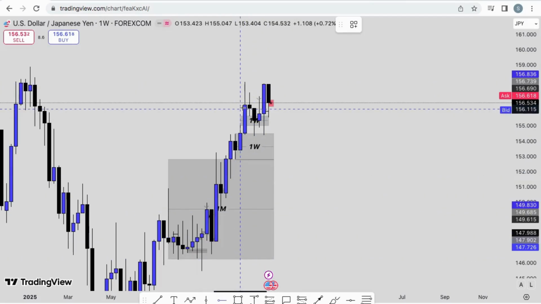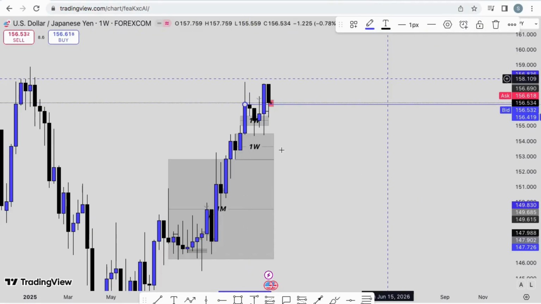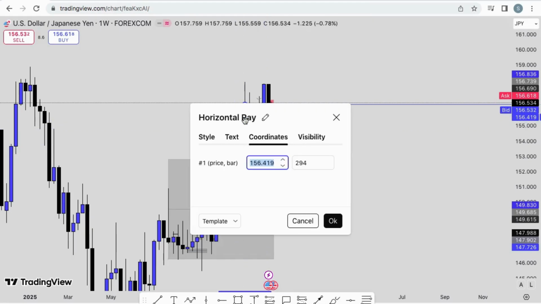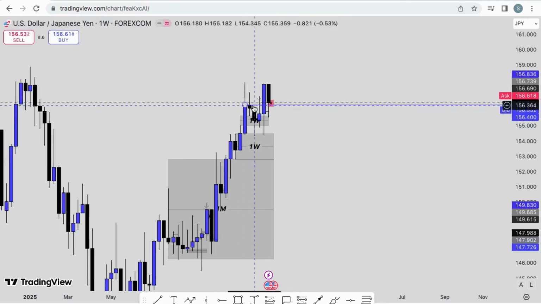Let's put a line there. 156,400. This is the closing point of this candle and the opening of this one.